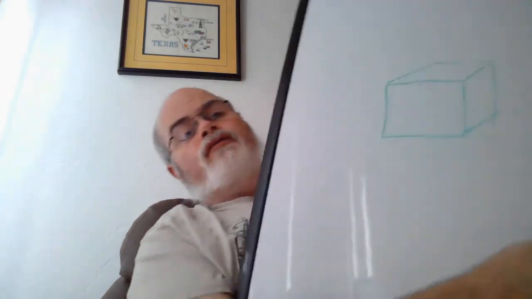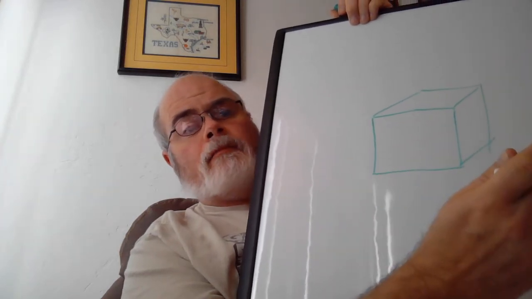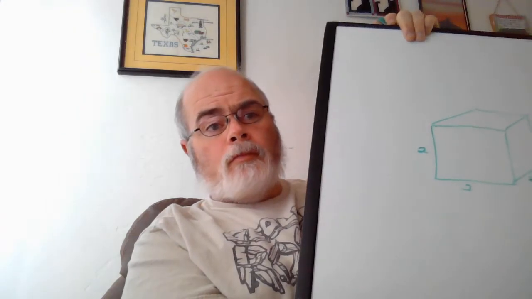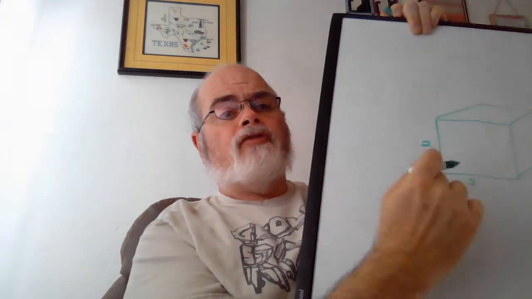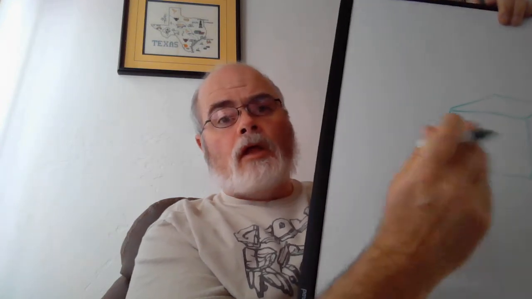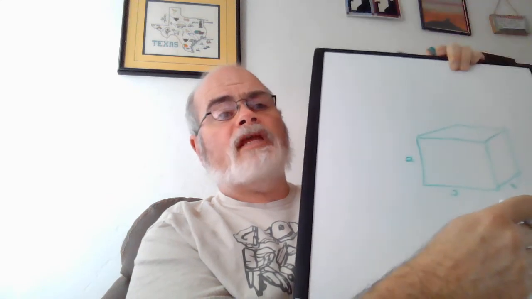And let's say, for the sake of argument, that cube is 2 centimeters on a side. Okay? What's the surface area of that cube? Well, it's going to be 2 by 2 by 6 because of the number of sides, which is going to be 4 by 6 or 24 square centimeters.